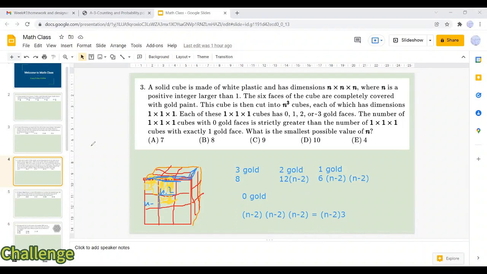So n is greater than 6 plus 2, and n would have to be greater than 8. So the closest thing to 8 on the answers is 9. So I guess it's C, because it's the smallest possible value of n.